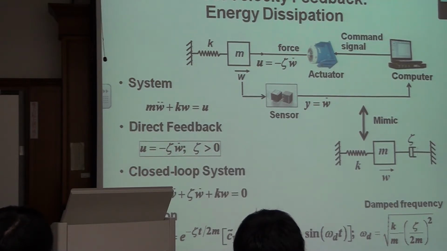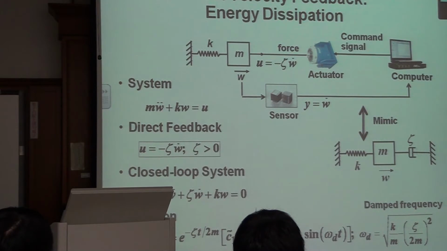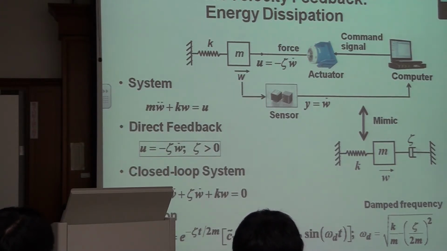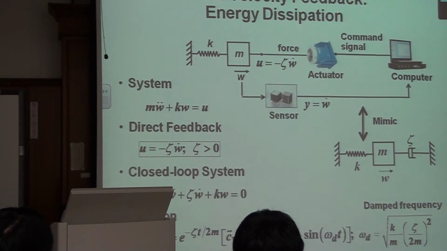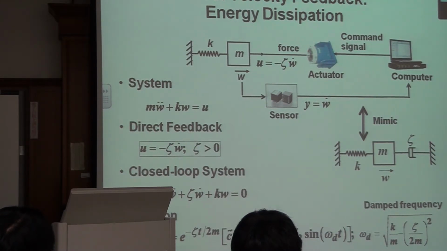So if you have the direct feedback of w dot, then your frequency will be changing a little bit. However, you will also dissipate the energy coming from the earthquake. If the earthquake is shaking and then the earthquake is gone, that becomes the transient response, and that is the response you're going to get.